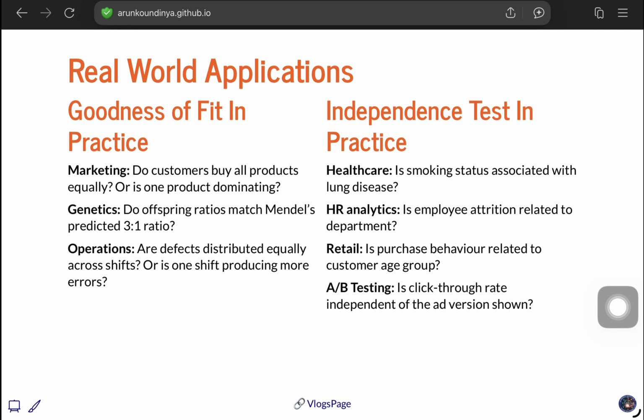This is very important, because when I worked in the manufacturing department, people usually said that the third shift produces more errors. But is it by chance, or is it statistically so?